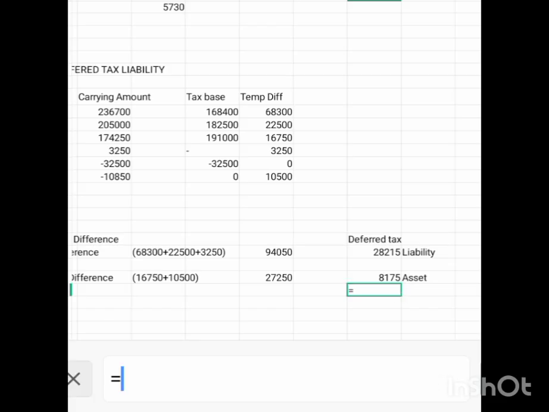It equals 30% of, sorry, it's not 30%, it's 28,215 minus 8,175. Do we get?